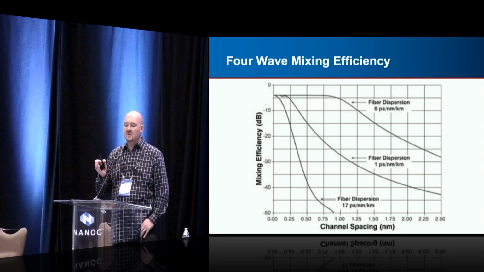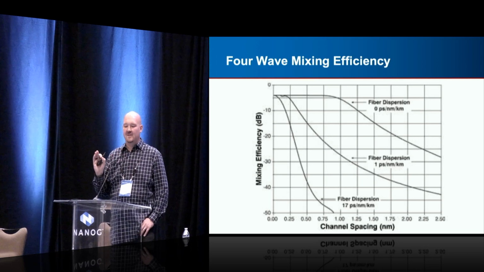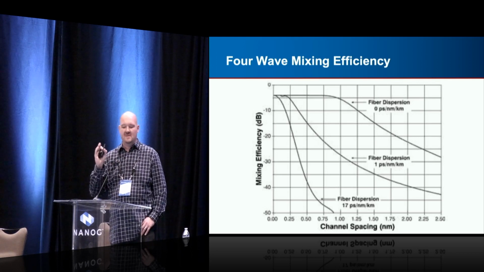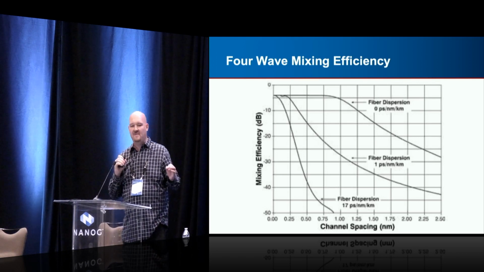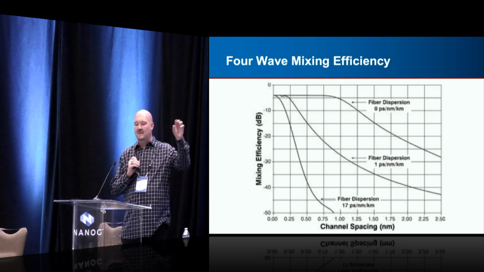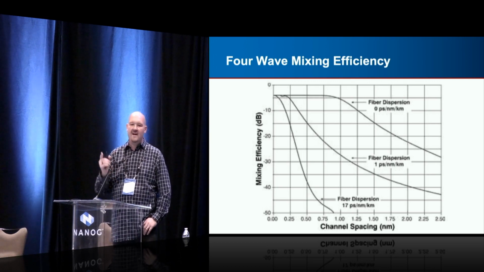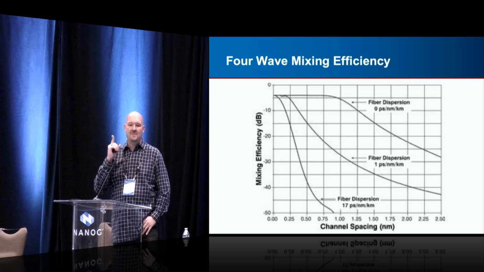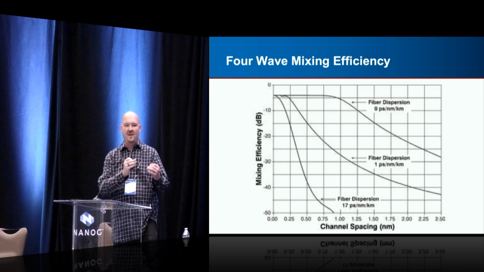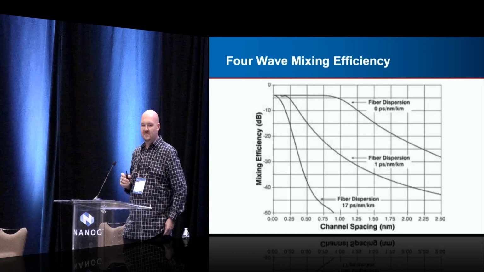If you go to no dispersion, if you go all the way to 0, you see that it wants to mix instantly. Remember this is a logarithmic scale. So when you're at negative 40 or negative 50, that's not efficient mixing at all. When you're up here closer to 0, that's incredibly efficient mixing. So even having one picosecond per nanometer of dispersion is enough to create some amount of shift, and that's what your dispersion shifted fiber is.